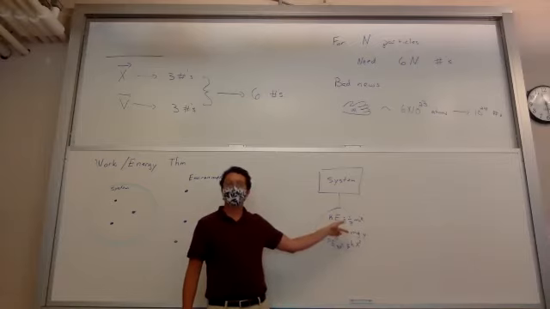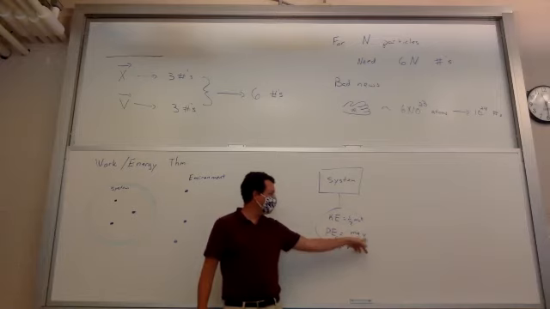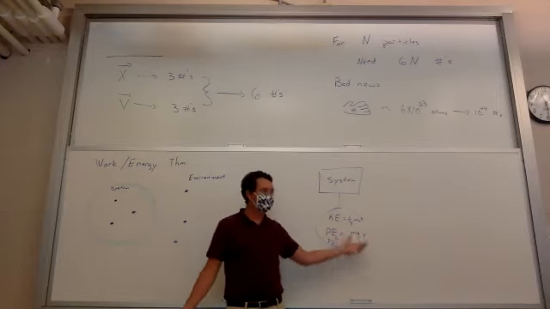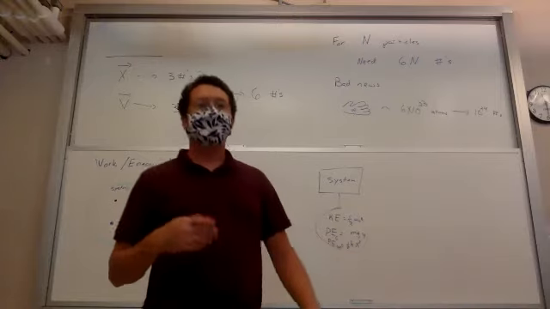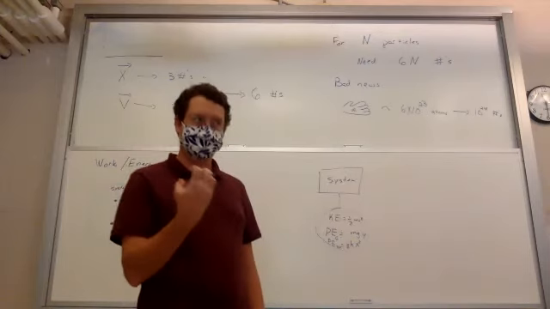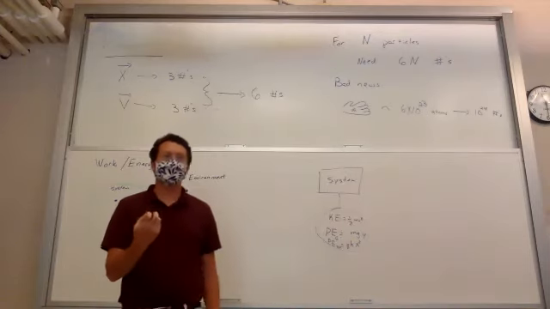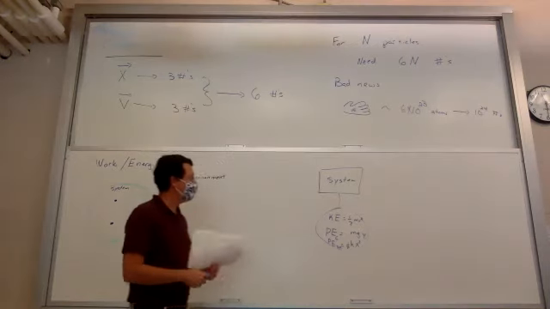So kinetic energy is a property of the system. Potential energy, same thing. The minivan's on the top of a hill, or on the bottom of the hill. It has a height, it has a mass, it has a potential energy. So potential energy and kinetic energy are properties of the system. Be really careful with my words here. Think of them that way.